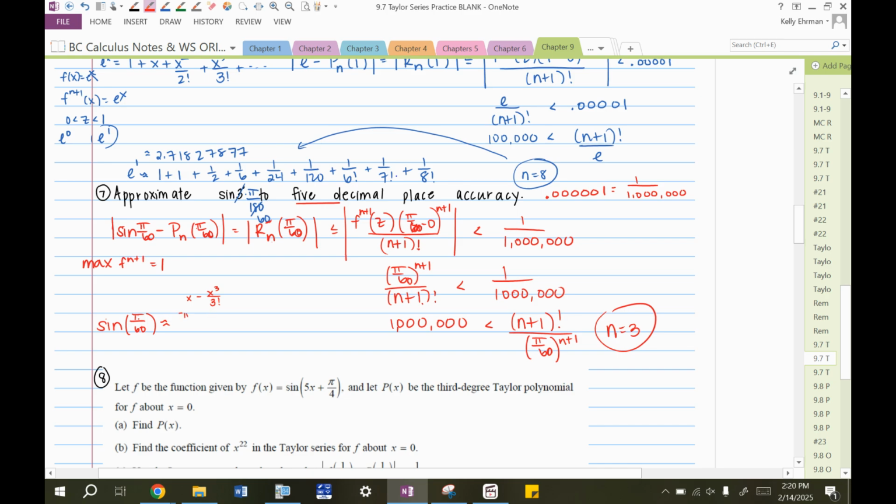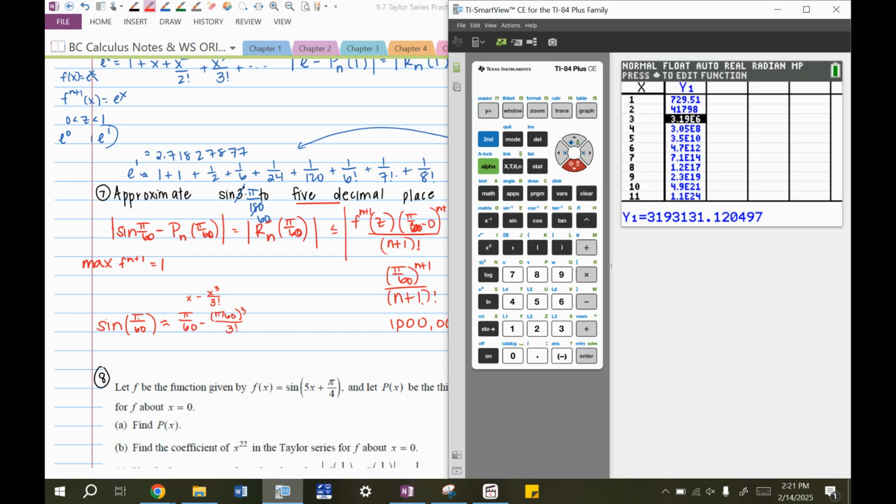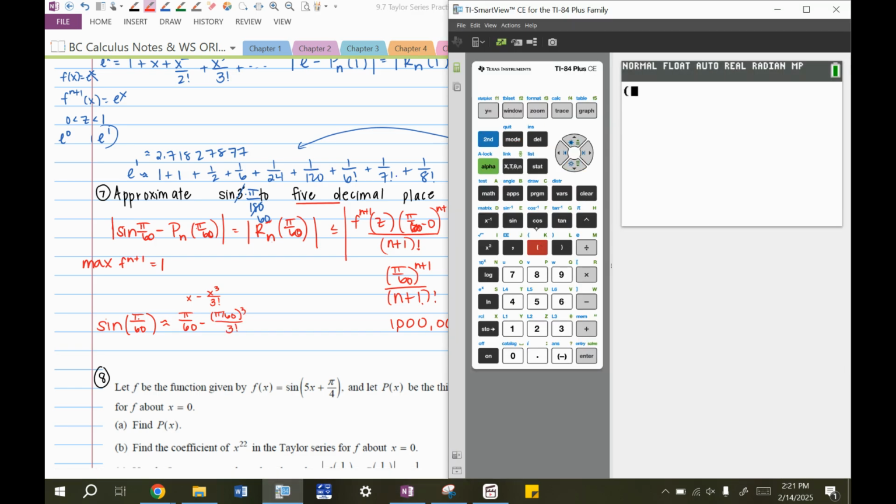So it should be pi over 60 minus pi over 60 to the 3rd over 3 factorial. Let's try that. Pi over 60 minus pi over 60 to the third divided by 6.